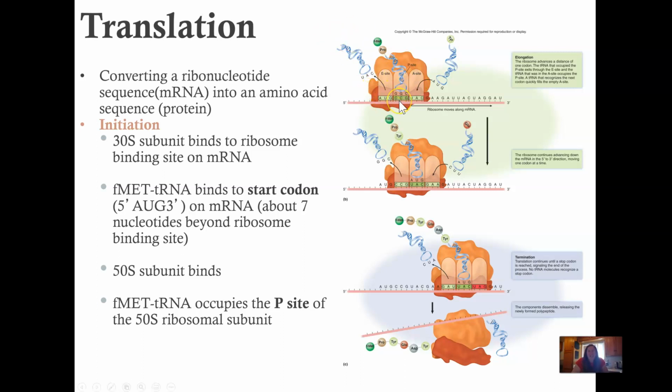And then our next codon on the messenger RNA is CCG, and the complementary anticodon is GGC, which codes for proline. And we can see coming into that A site is our next codon UAC, which is complementary to AUG, right? This is our anticodon here in the transfer RNA, and that codes for an amino acid called tyrosine.